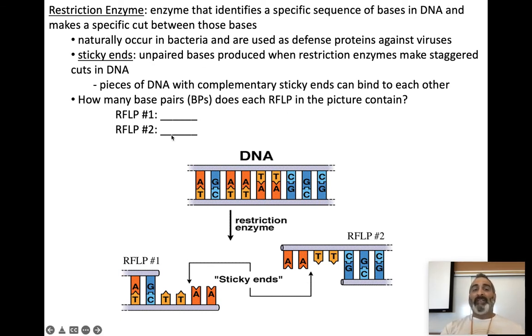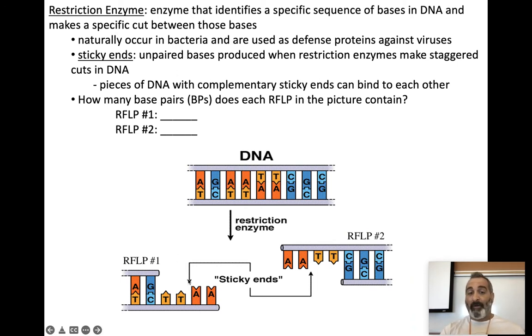Now, basically, these are pieces of DNA. So if we cut this DNA, we have two pieces of DNA. That means we have two RFLPs, RFLP 1 and RFLP number 2. These are pieces of DNA after it's been cut by a restriction enzyme. The question here says, how many base pairs does each RFLP have in the picture? Whenever we talk about how big a piece of DNA is, we're going to be talking about how many base pairs, or BPs, it has.